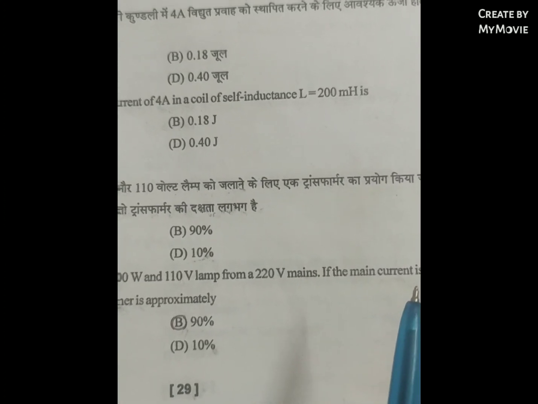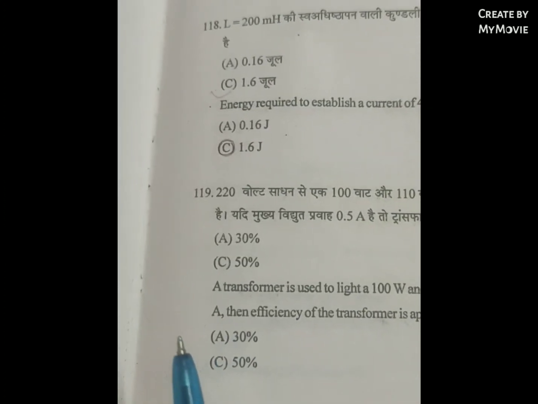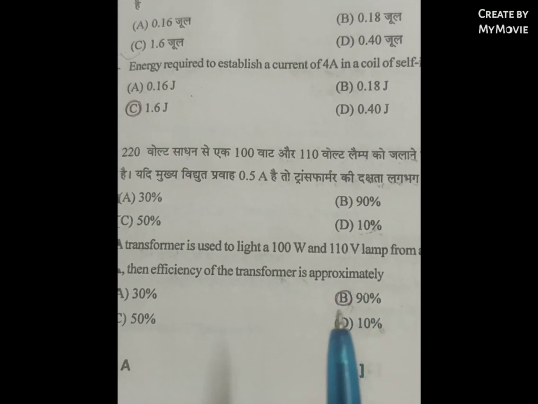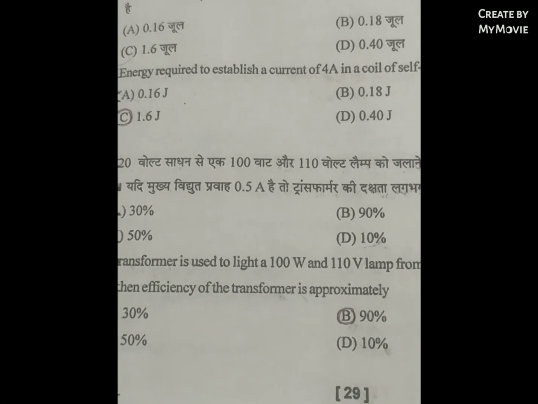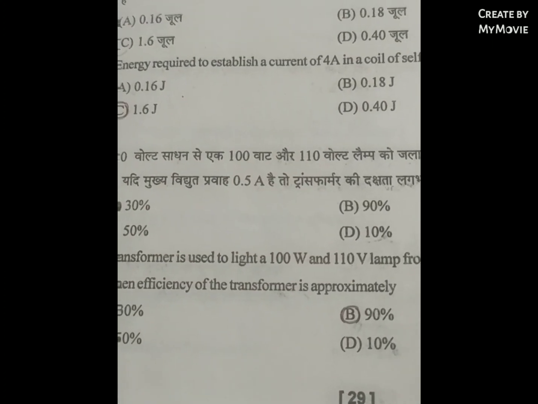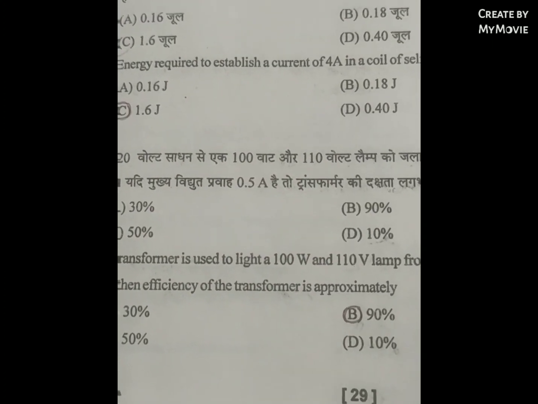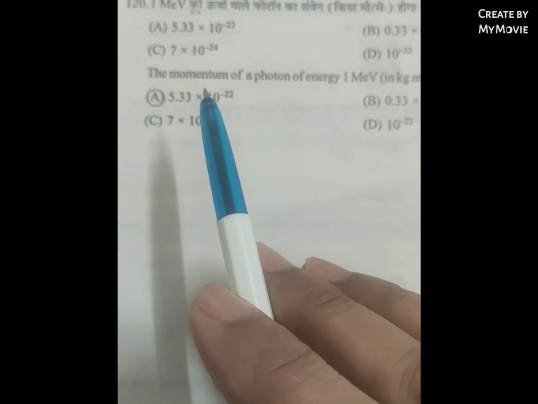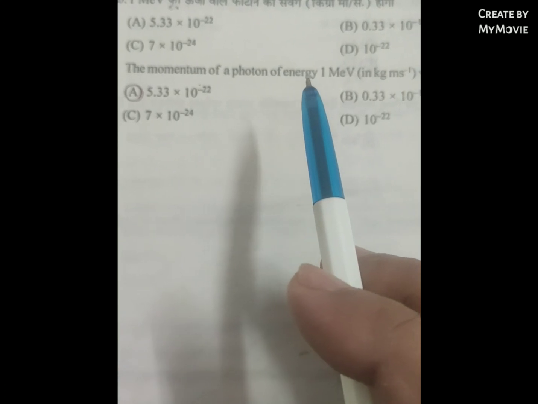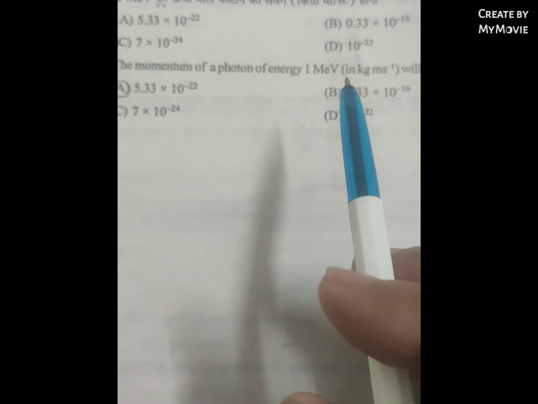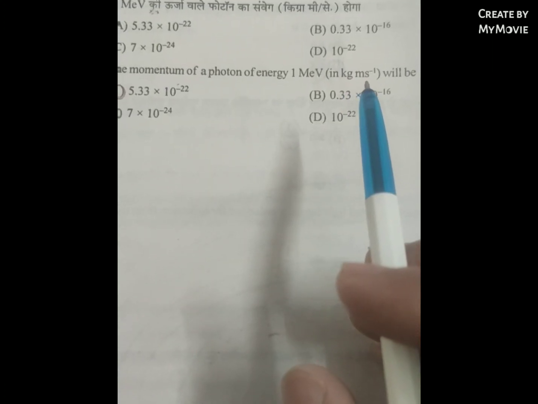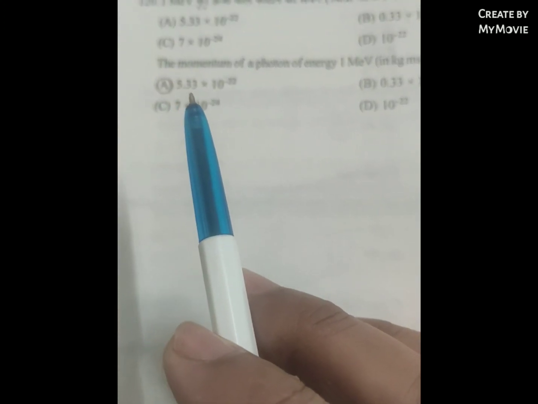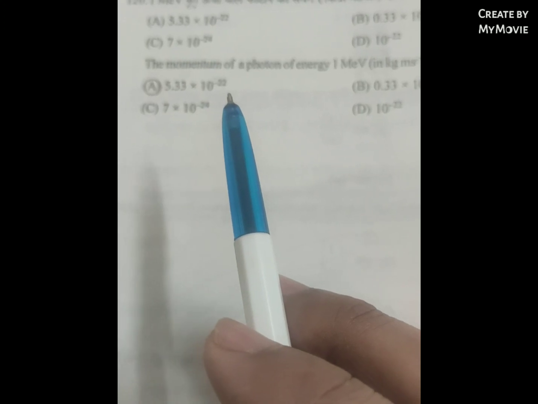If the main current is 0.5 ampere, the efficiency of the transformer is approximately B, 90%. 120. The momentum of a photon of energy 1 MeV in kilogram meter per second will be equal to A, 5.33 into 10 raised to power minus 22.